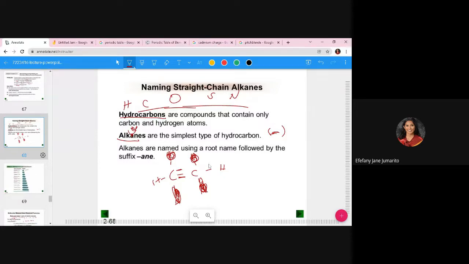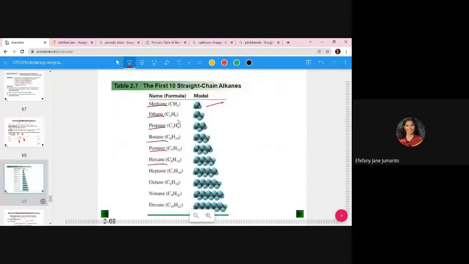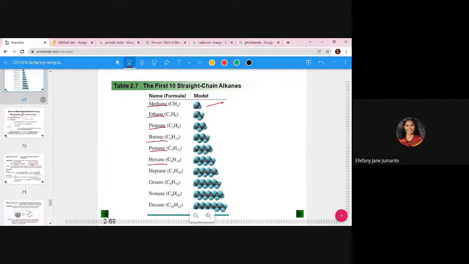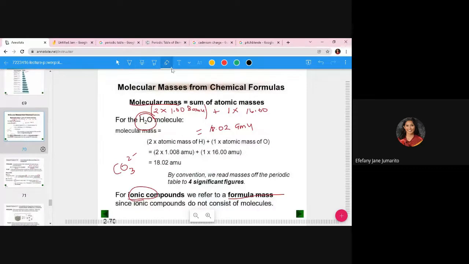Okay, so alkanes are named using a root ane. So kaganina we are using ite, os, ik, ate. But inigabot sa mga alkanes, alkenes, alkynes, gamiton nimo ane, ene, yne. Then example, we have methane, ethane, propane, butane. Naa siya sa org-chem. Hapit na jud to.